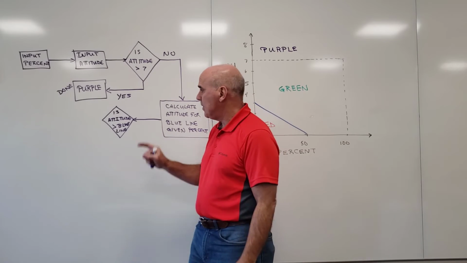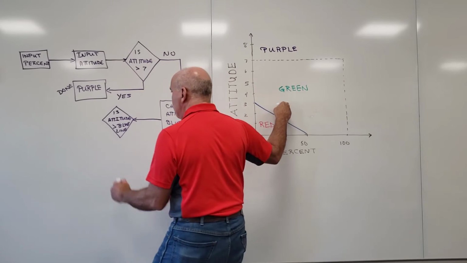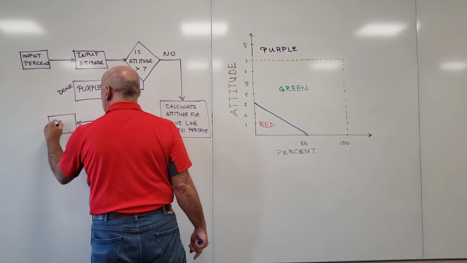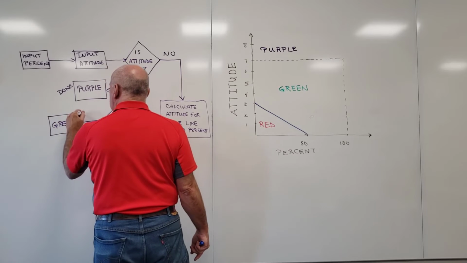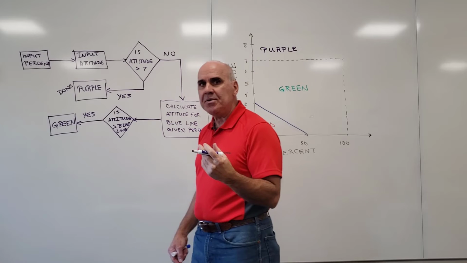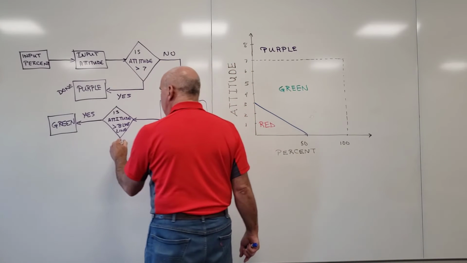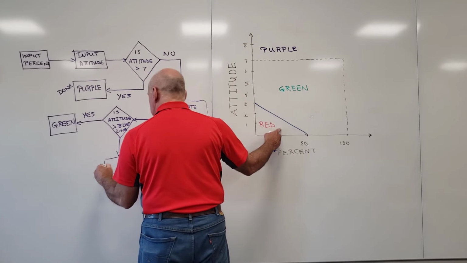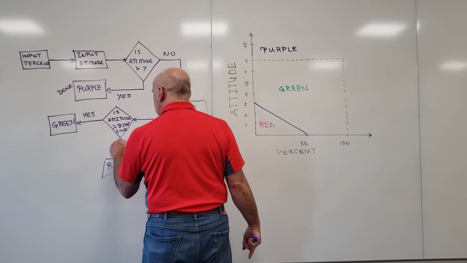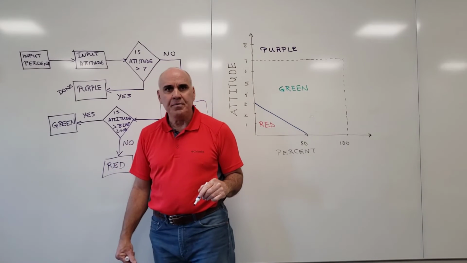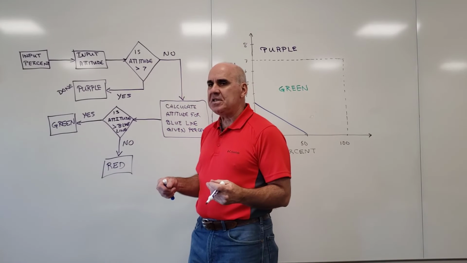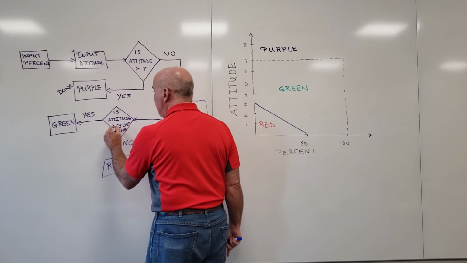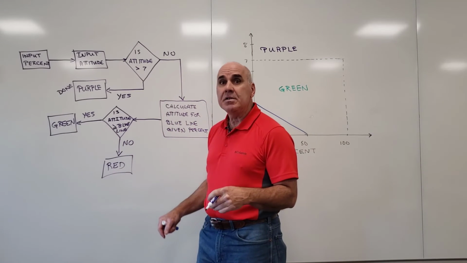If the attitude is greater than the blue line, then it's green. So that's yes, the attitude is greater than the blue line, so it must be green. If the attitude is less than the blue line, then it's red. That's the no answer. I'm also going to have to decide, what if it's on the blue line? Let's say if it's on the blue line, it's green. So this would be greater than or equal to the blue line, then it's green.